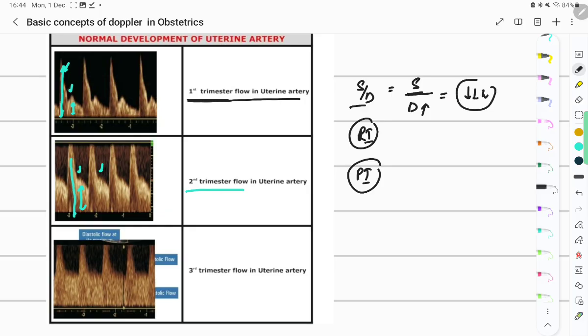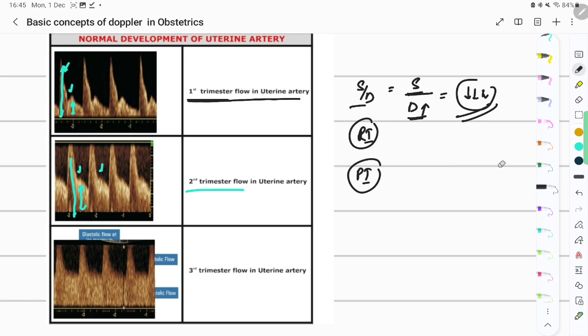Yes, okay, that is normal. For example, if the diastole value decreases, the numerator will be high and the denominator low, so the SD ratio will be high. If SD ratio is high, this is not a good sign. So SD ratio should be low.